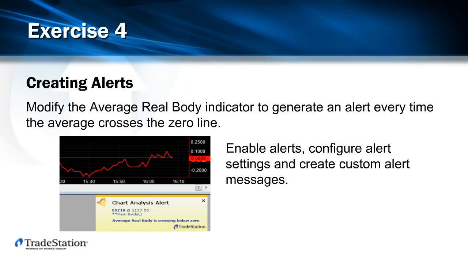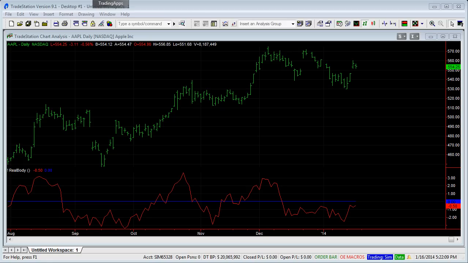Exercise number 4 allows us to create alerts, and that's something very simple to do. Because one of the things that you would want to happen is that whenever the line that we just created crosses from positive to negative or negative to positive, what about generating an alert? That would be cool. In fact, if we go back to the chart, yeah, the indicator is very pretty, but let's say that we apply this indicator to 20 different symbols.